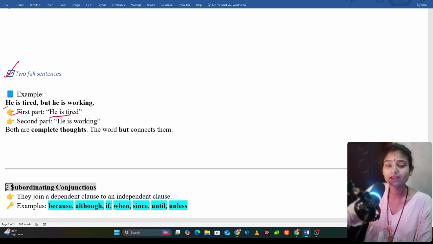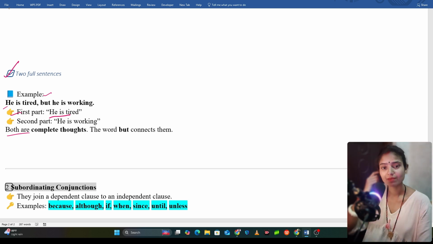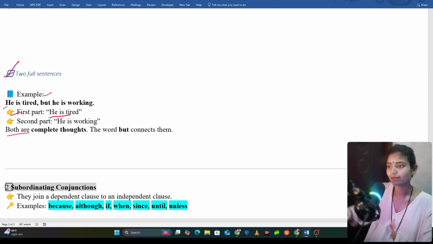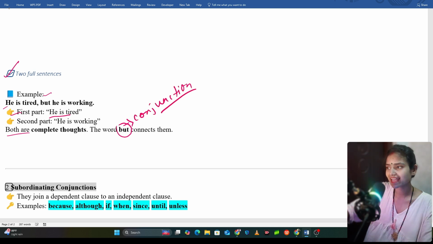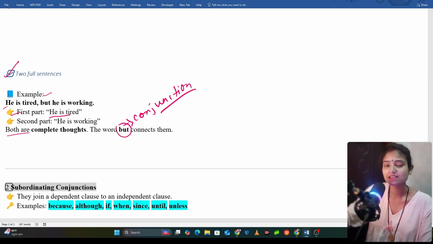So to make the sentence short and sweet, to make the sentence very clear, I can say that he is tired but he is working. Okay, so both are what? Both are complete thoughts. Yes or no? The word but connects them. But is also our conjunction. So this but is helping these two sentences to make a shorter and clear sentence.